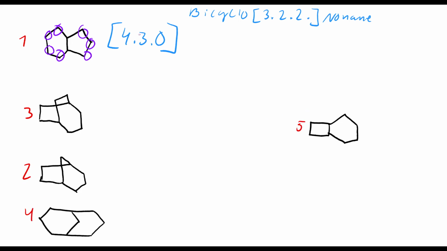So what I did here, let me just rewrite this. And let's break this right here. Okay. So right here, these 2 carbons are called bridgeheads. This is called a bridgehead.